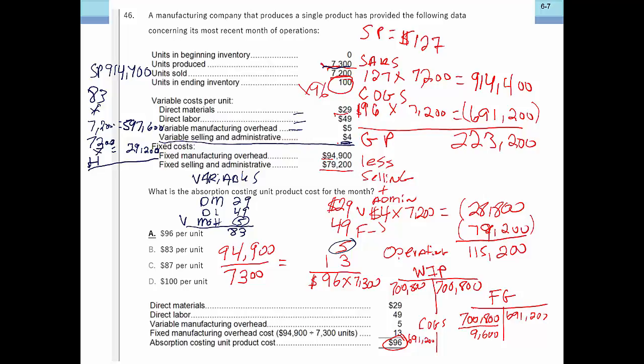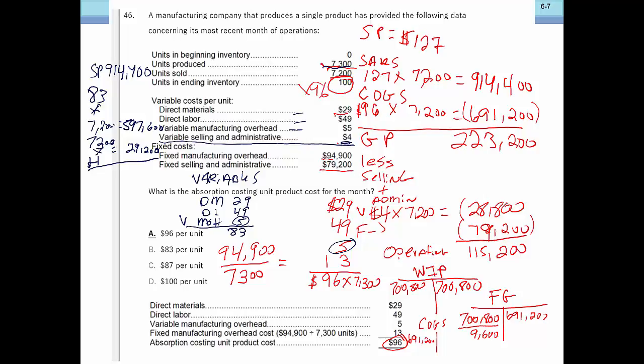Because they're not sold. Okay, but then for selling cost, I have to pick up that $4 times how many units sold? 7,300 units, so my variable selling and administrative I have to pick up times the 7,300 units, because I'm expensing all of those.